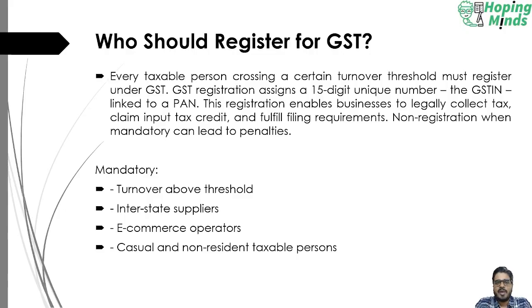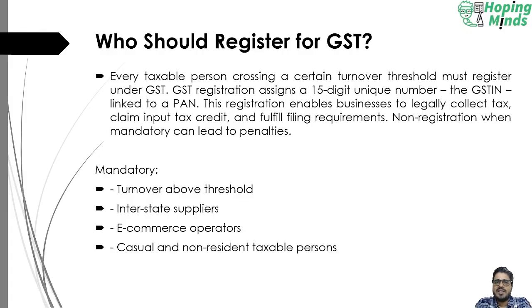The registration requirements under the GST depend upon the turnover of the entity. If the entity crosses the threshold limit, it must get enrolled under the GST. But in a few cases, there is a mandatory requirement to get enrolled. For example, if the turnover exceeds the threshold limit, the entity must get enrolled under the GST.